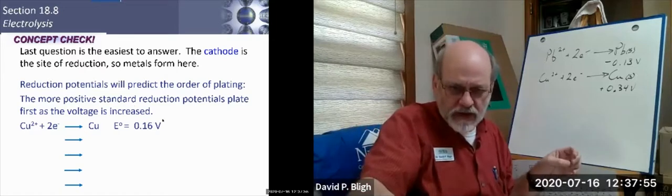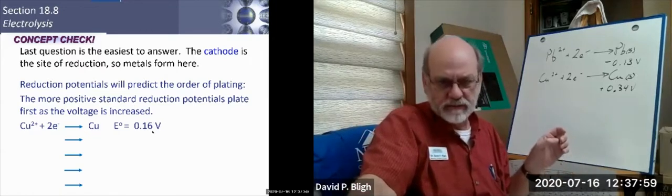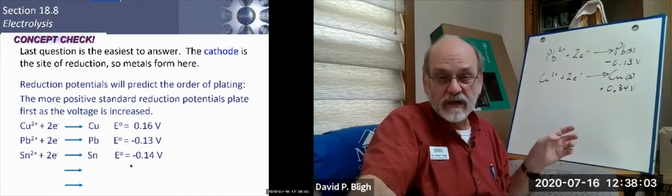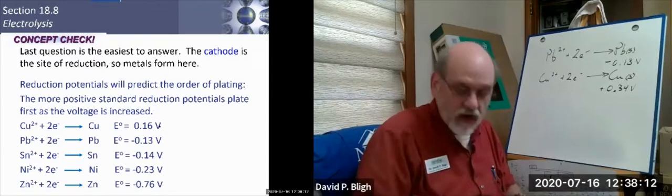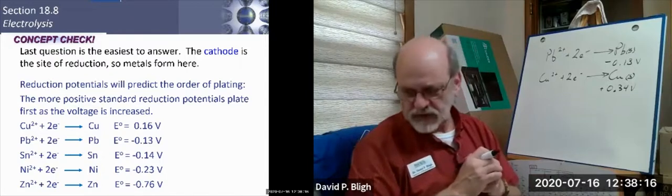I need to make a correction there, but I think that won't affect the order. The next one is lead at negative 0.13, then tin, nickel, and zinc. So I just need to change that value, because it's not right based on our standard reduction potentials. It should be 0.34.